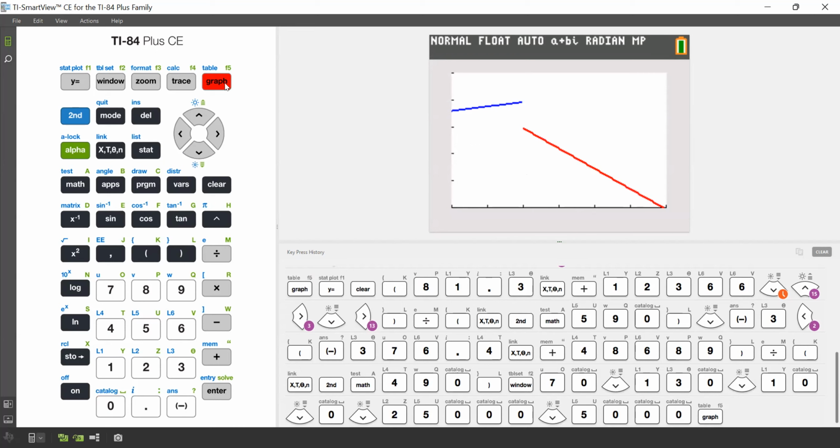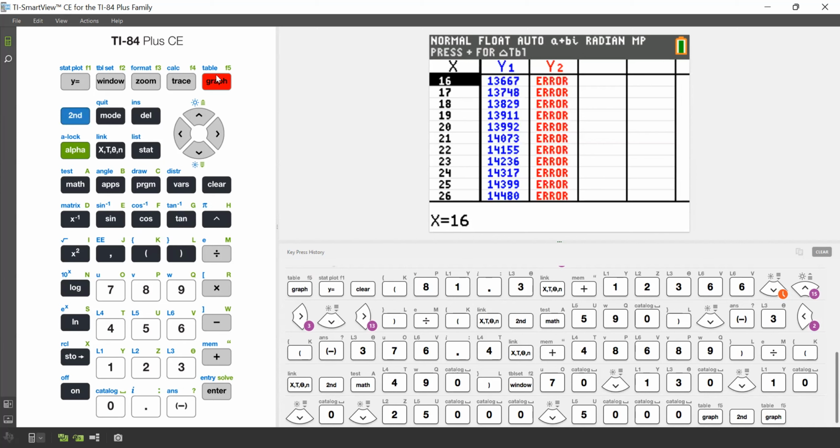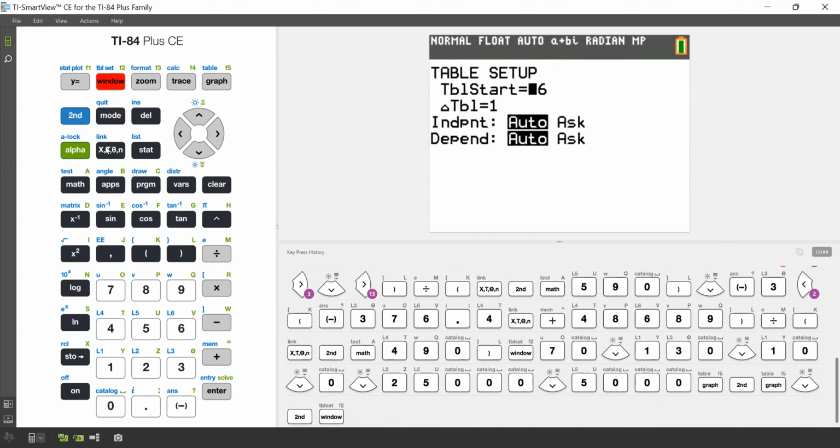But again, I could look at the table and see that it's not defined for X is 90 in the first part of this. So let's look at the table. Let's do a table set, like second start, about where this starts.